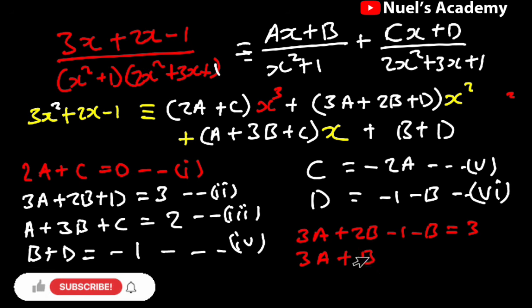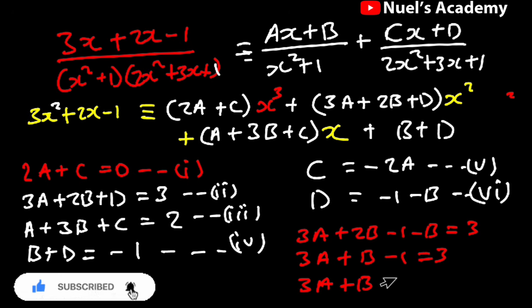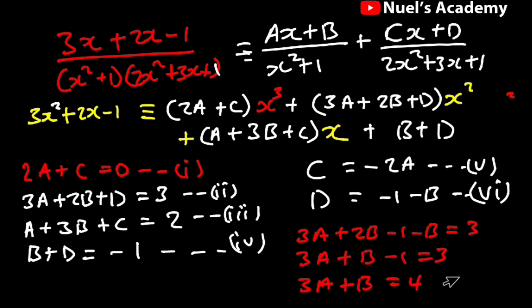So b, then minus 1 is equal to 3. So 3a + b is equal to 3 + 1, which is 4. This will be our equation VI.